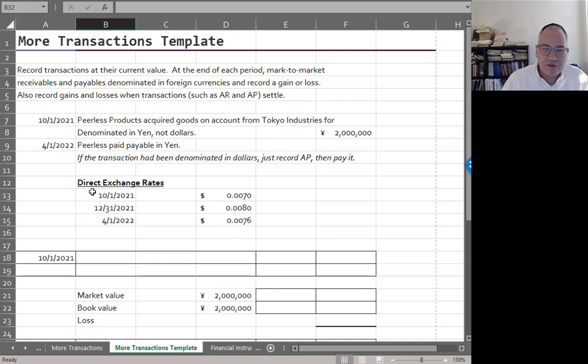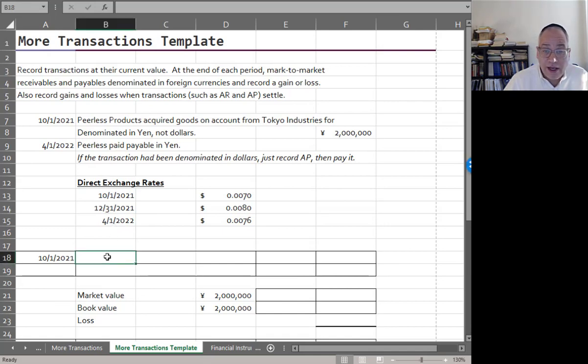And the direct exchange rates at the time, October 1st, 2021, would be $0.007 per yen. December 31st is going to be 0.008, and looking far into the future, April 1st, when we pay off the payable, is going to be 0.0076.